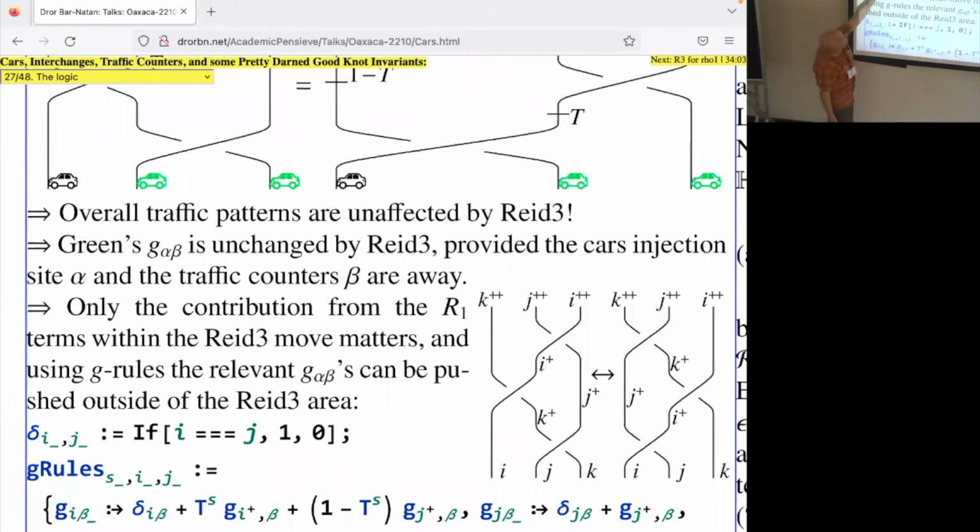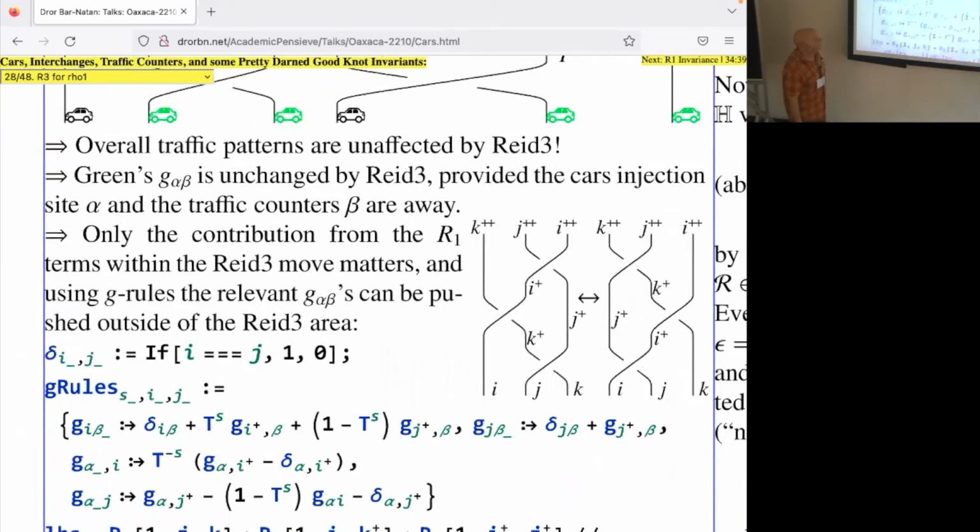So the Green function is unchanged, provided that alpha and beta are away from the move. And so the only contribution in the sum that I considered when defining row 1 that might change is the contribution coming from having R1 here, here, and here on the left, or here, here, and here on the right. Okay?